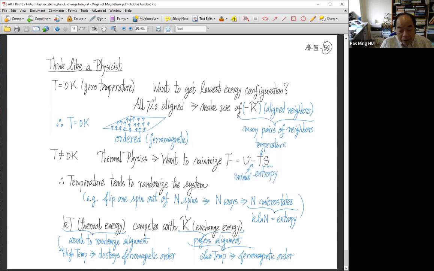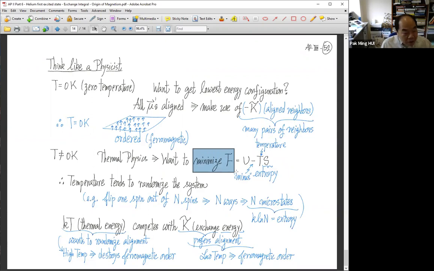Now, in addition to looking for a lower configuration of the spin for U, the entropy effect kicks in. And the entropy goes with the temperature and with a minus sign in front. That is to say, if the entropy takes on a higher value, it may help because minus TS will be negative and you're trying to minimize F, looking for a lower F, okay?